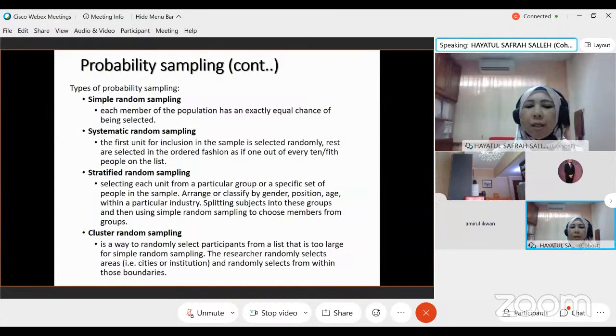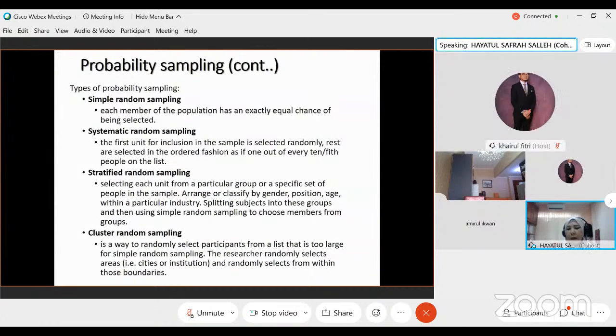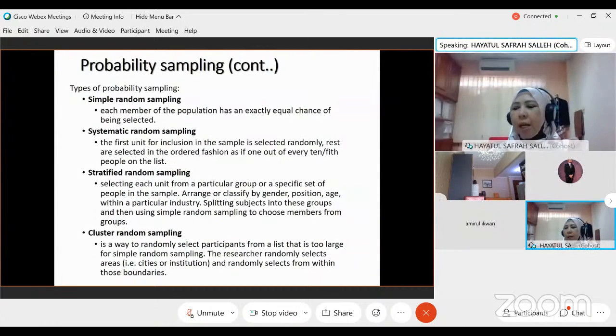You arrange or classify by gender, for example, or by position, such as managers, frontliners, CEOs in a particular organization. And then by age, maybe you want to arrange it. You classify them by gender, men and women, position, managers and clerks, for example, and their age.